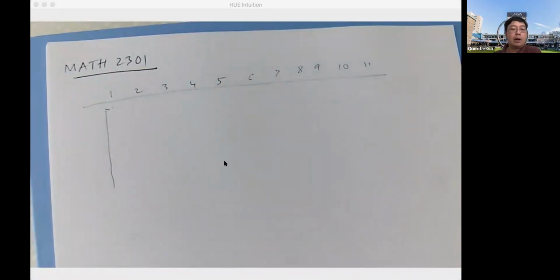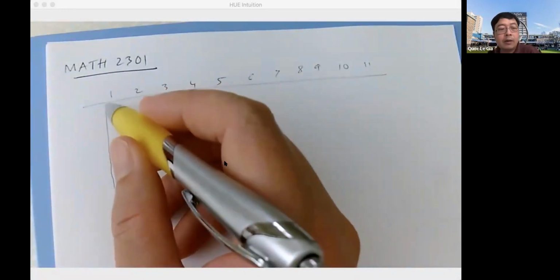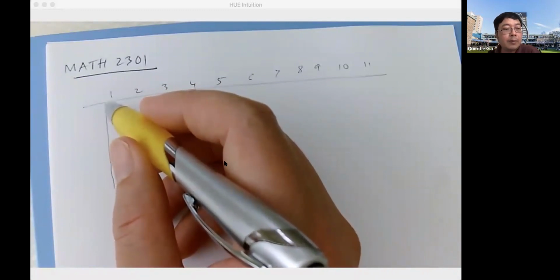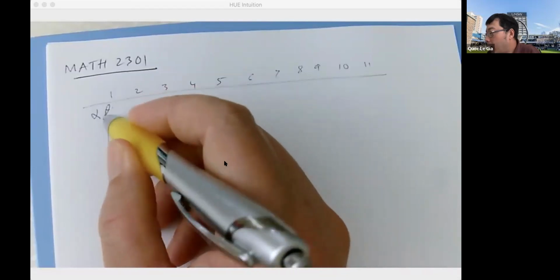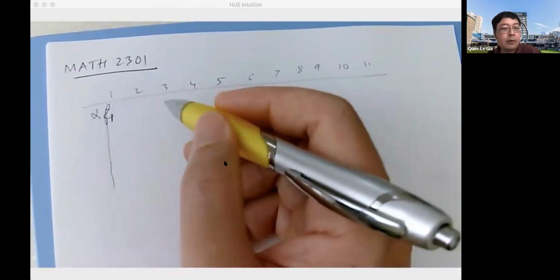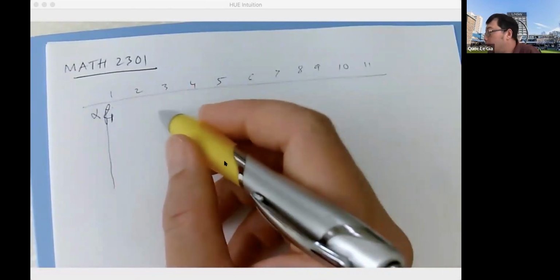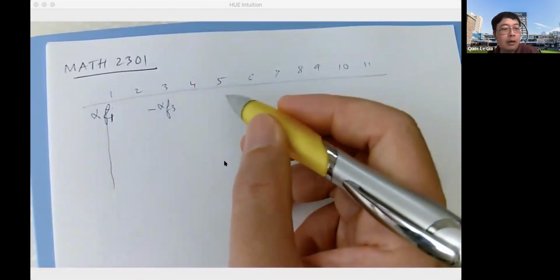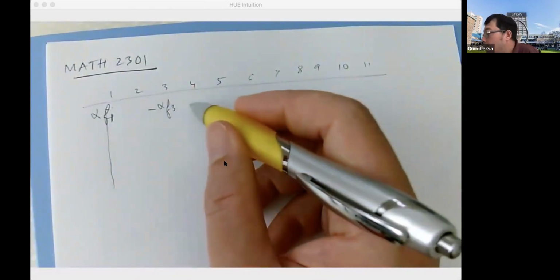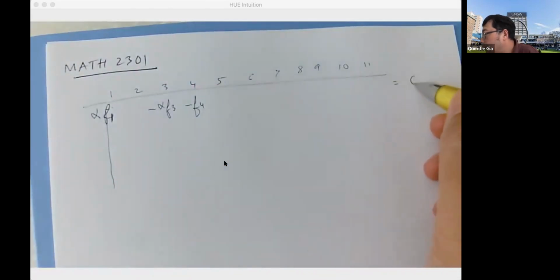If you look at the system on the problem set, now I just rewrite it. So I write alpha F1, the first equation, minus alpha F3, minus F4, equals 0.